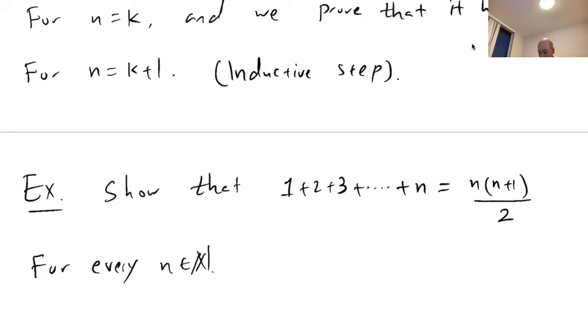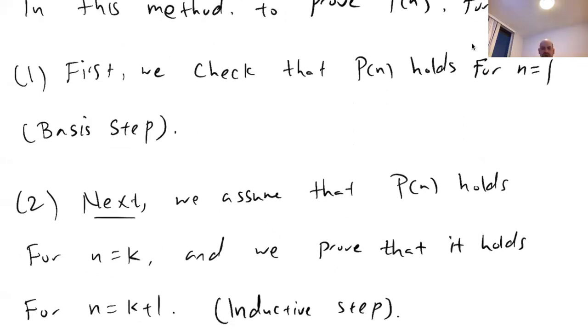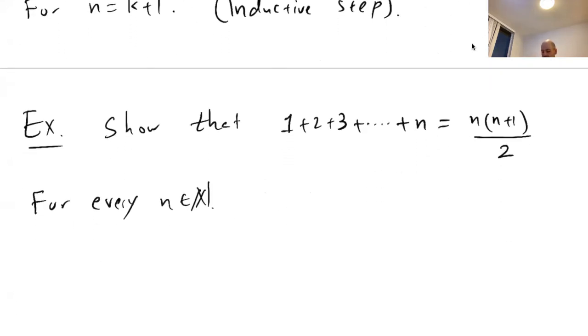And once we are sure about this fact, we can try using mathematical induction. If you want to use mathematical induction, you have to do two steps. The first step is a very simple step. It's called the basis step. And in the basis step, we just simply check that our statement holds for n equals 1. So I want to show the equality of these two expressions, 1 plus 2 plus all the way to n, and n times (n plus 1) over 2.